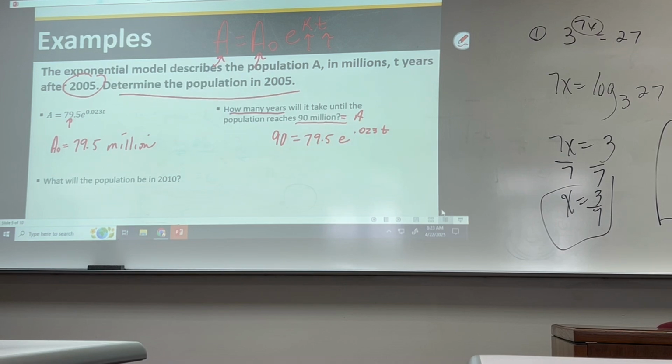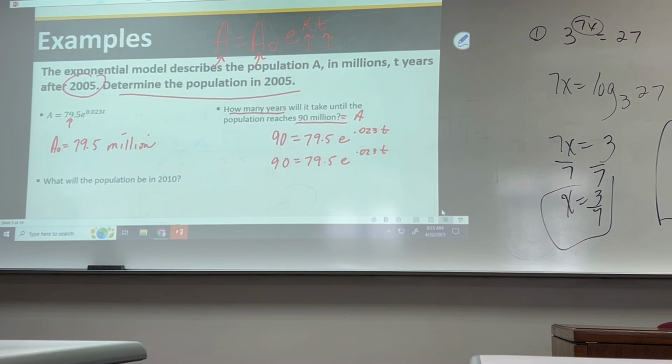I need to do something on this one to get the exponential by itself. I don't want the 79.5. I want it just e to the power. So what are you going to do to isolate the exponential factor? What would isolate e to the 0.023t?